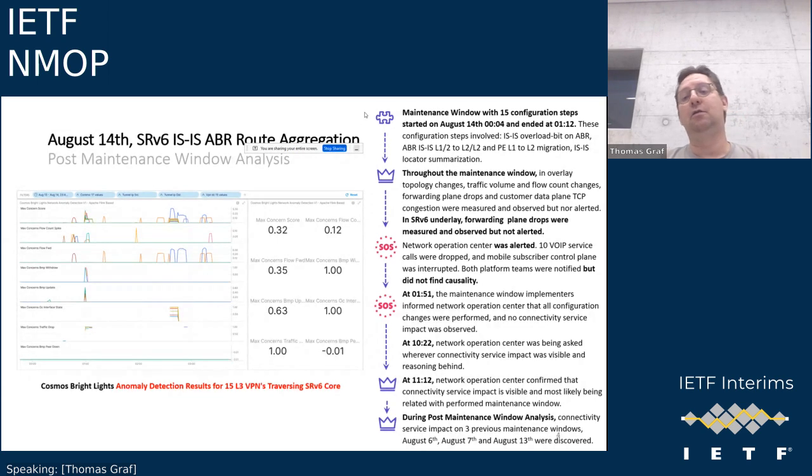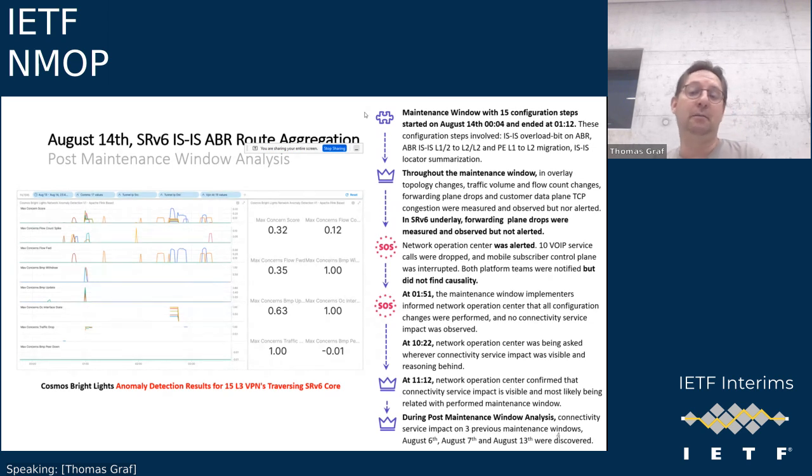And shortly before 2 a.m., the maintenance window on the core network where the ISIS changes were being done in the overlay finished, and the team concluded that there was no connectivity service impact observed during the maintenance window. Then later in the morning, during the day, the Network Operations Center was contacted by those application teams again, and they wanted to find out whether the reason for the connectivity impact had already been found.